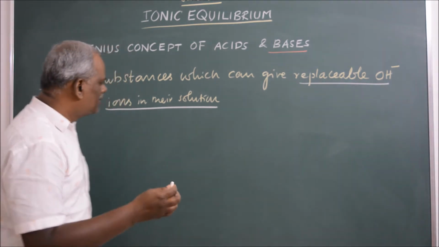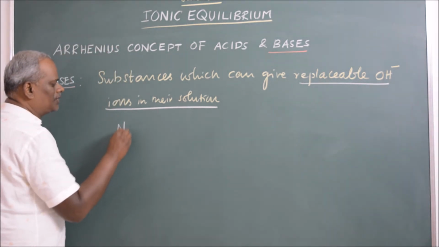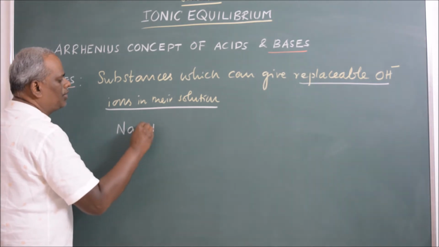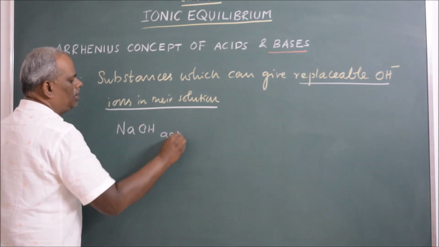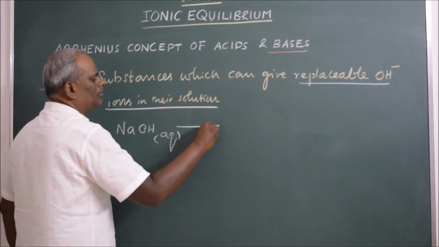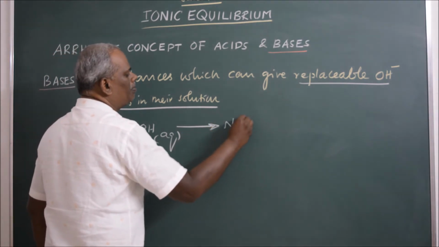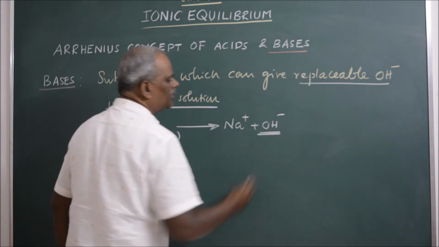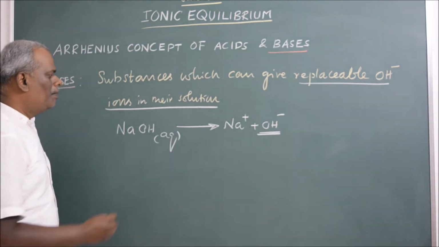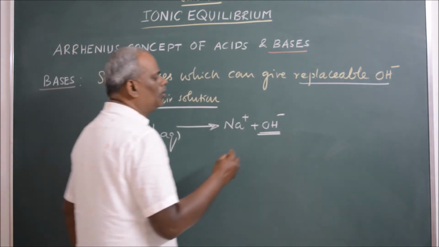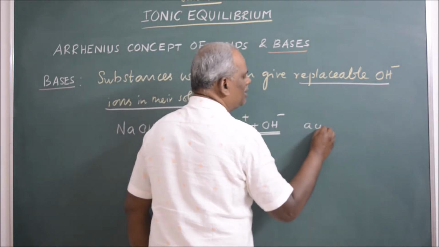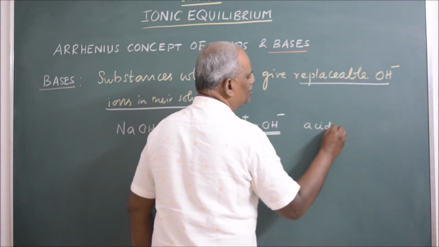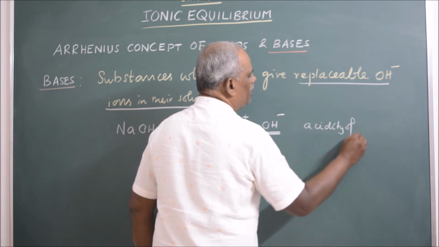So we can have an example. Sodium hydroxide is a substance, NaOH. If it is taken in the form of its solution, it will be giving you Na plus and OH minus. The hydroxyl group is obtained. The number of replaceable hydroxyl groups can be called the acidity of a base.